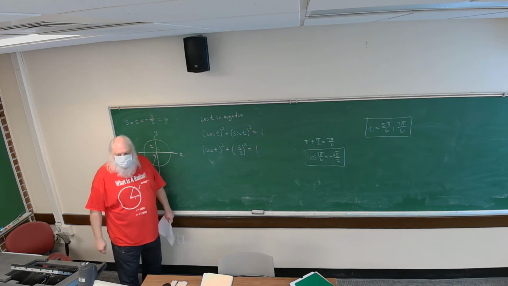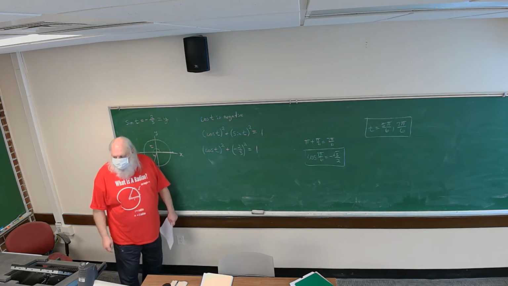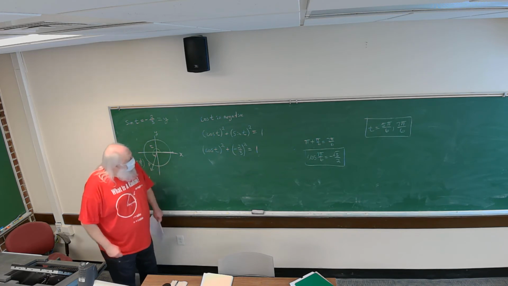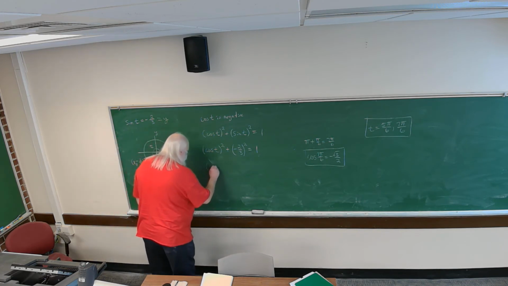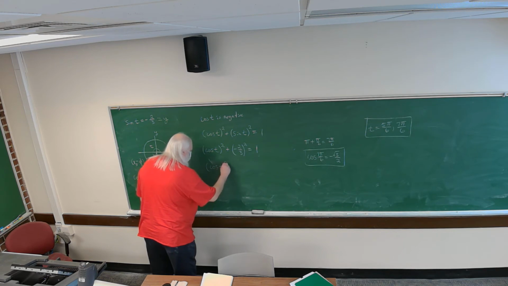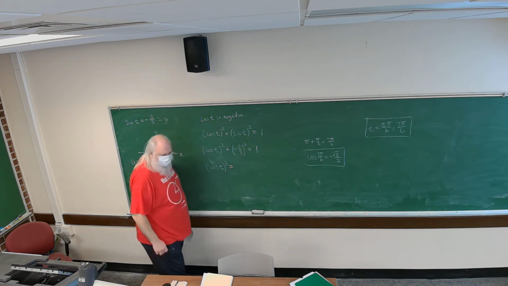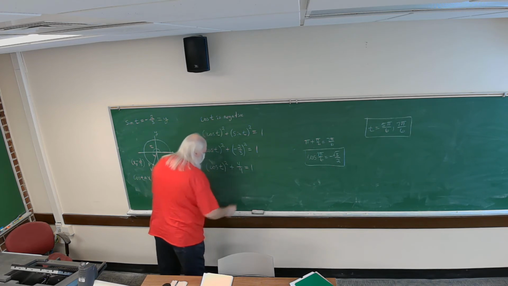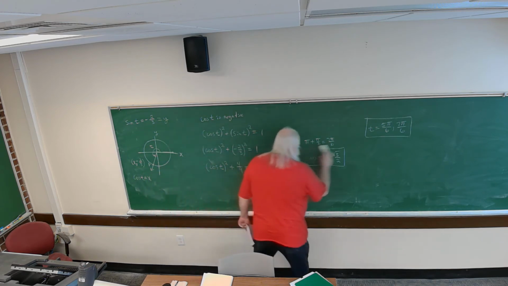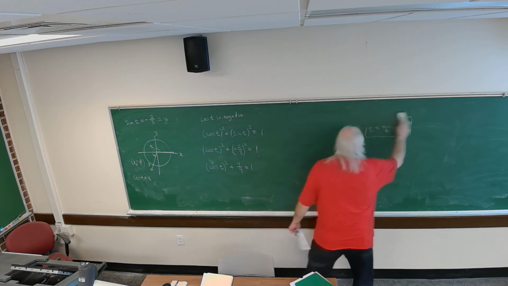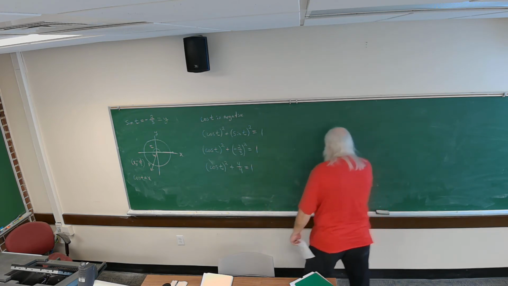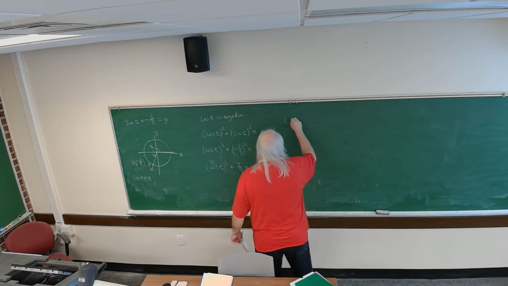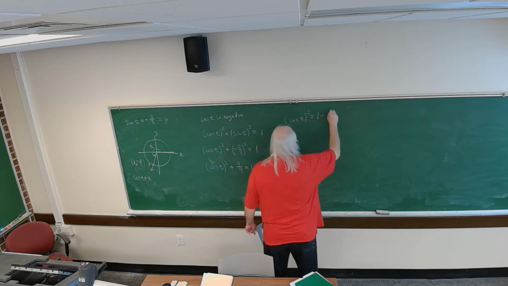And now we can solve for cosine t just like you solve for x. Well, minus 2/3 squared is equal to 4/9. And now we subtract 4/9 from both sides. We have cosine t squared is equal to 1 minus 4/9.